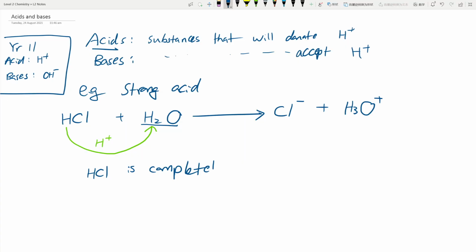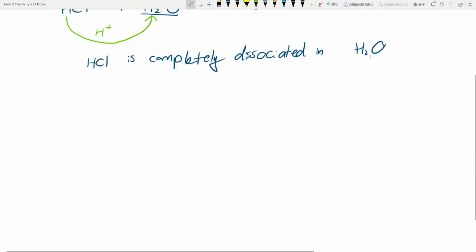Now, we don't want to use the word dissolving, because dissolving is more for when we're talking about a solute or solvent, but when we talk about dissociation, it's kind of like disintegration. Say the HCl split into two. It split into the H plus and Cl minus ions, and then the H plus went to hang out with the water.